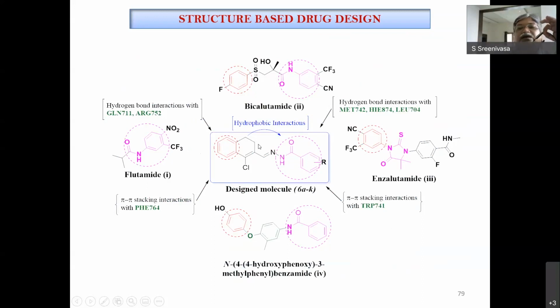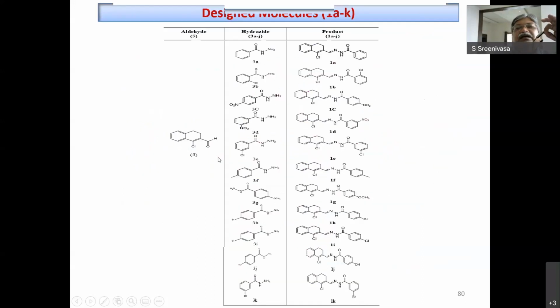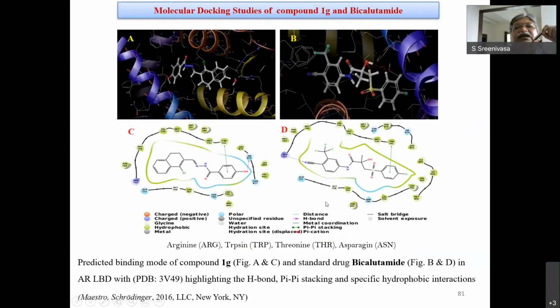An arbitrary molecule has been designed by them, and based on that arbitrary molecule, like this fluoro, bromo, etc., they have kept, and they have synthesized some 10 to 12 molecules and docked them against a cancer protein. This is the binding.